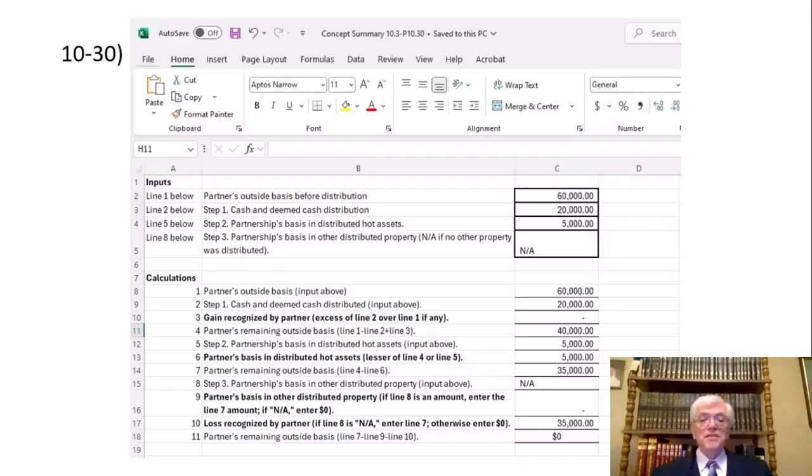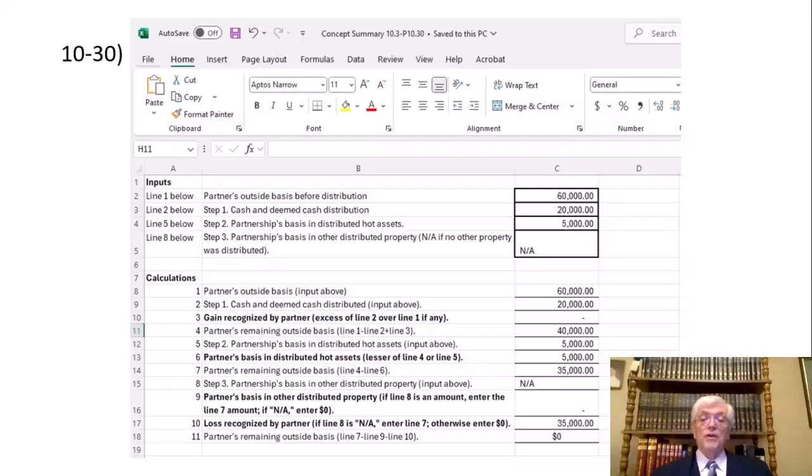Partnership's basis in the other distributed property: not applicable. There was no other distributed property. Partnership's basis in the other distributed property, if NA enter 0, because there is no property there. So it was NA, so we enter 0. Loss recognized by the partner: if line 8 is NA, which it is, enter line 7, $35,000.